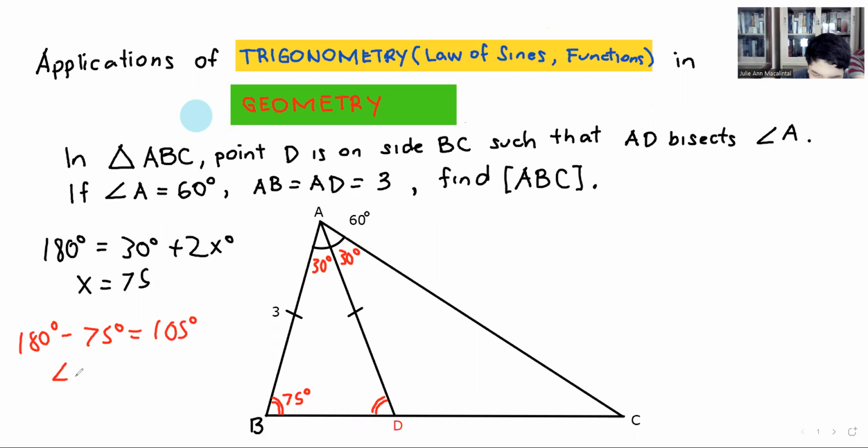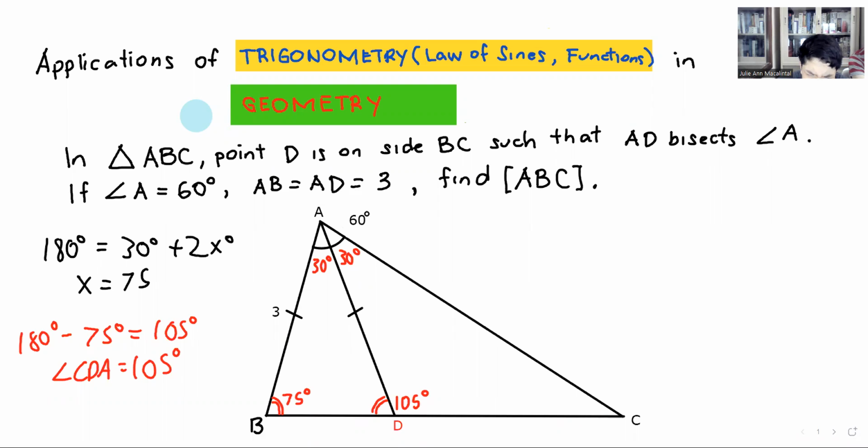So angle CDA equals 105 degrees. Alright, copy this. Since there's no equal angle anyway, I'll just put 105 degrees.